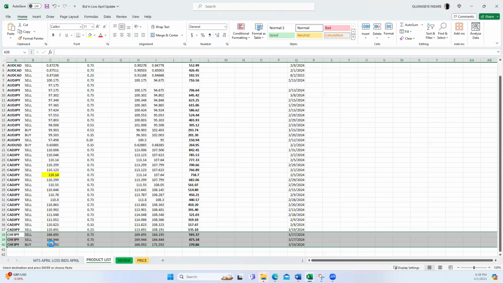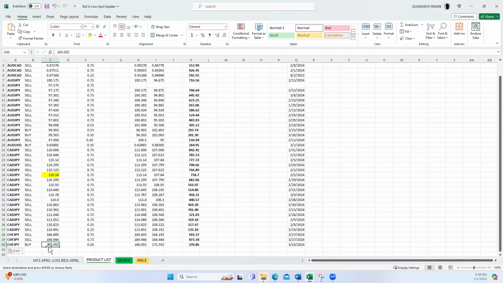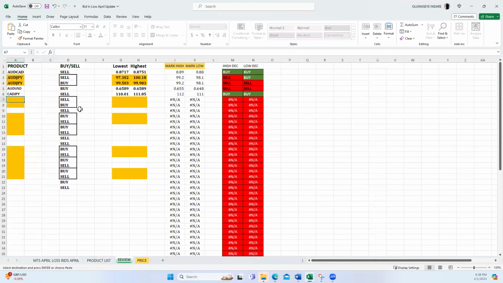For the buy, it's the same, so we don't have any problem with that. Let's first work on the buy. So for the buy is the same, so I don't have any issue with that.